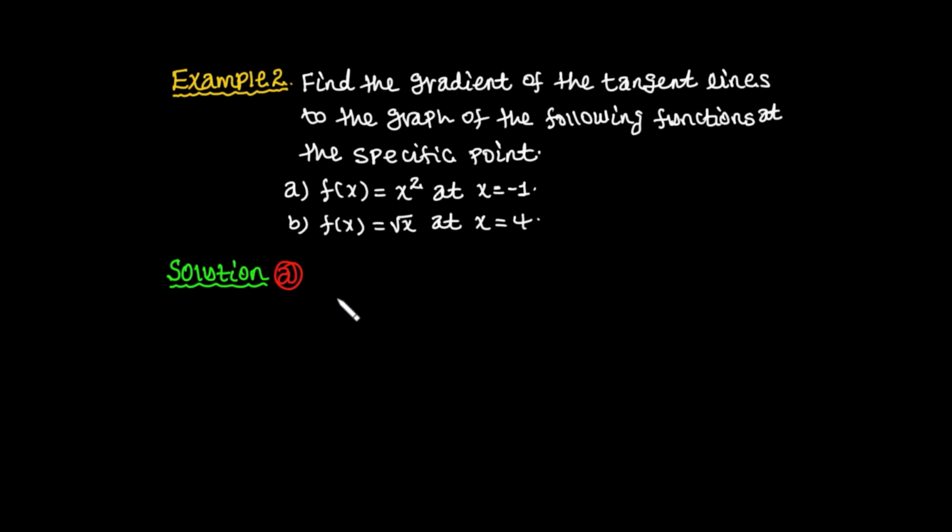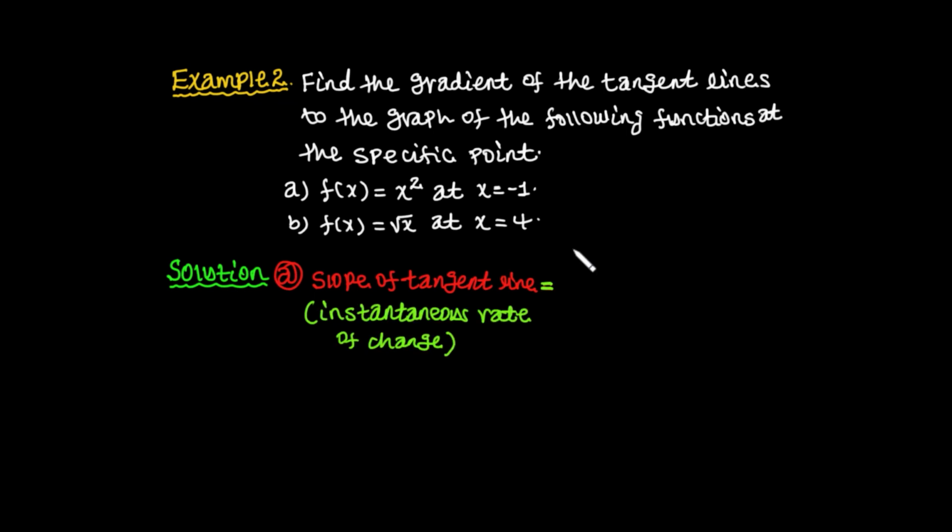So let us see the slope of the secant line or the slope of the tangent. The slope of the tangent line, in other words, is the instantaneous rate of change, and the slope of the secant line is the average rate of change.